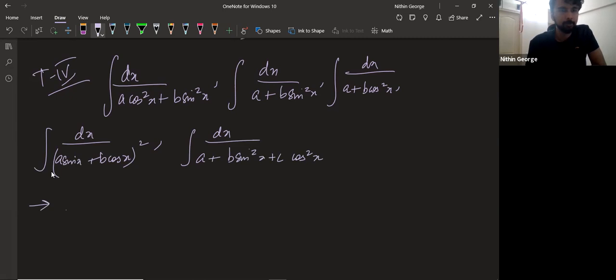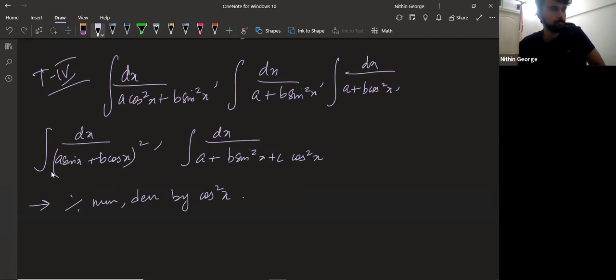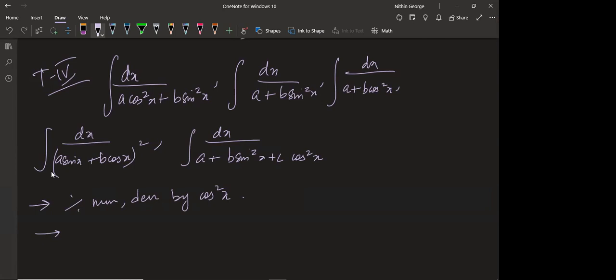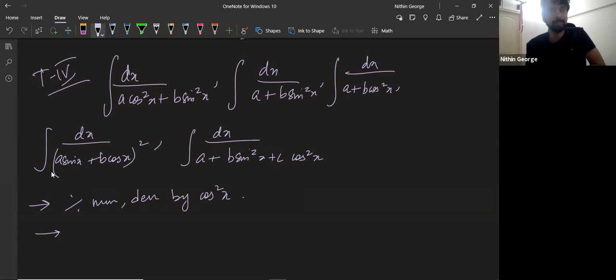The technique here is to divide numerator and denominator by cos square x. What will happen here? Secant square x. Exactly. On the numerator, you get sec square x dx.